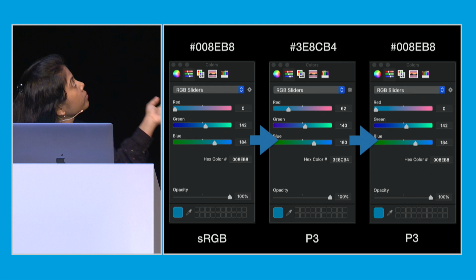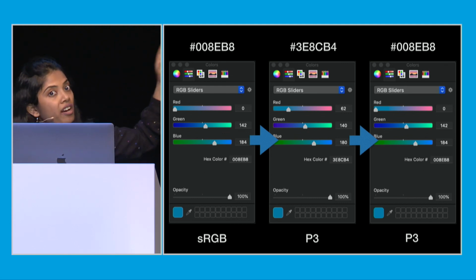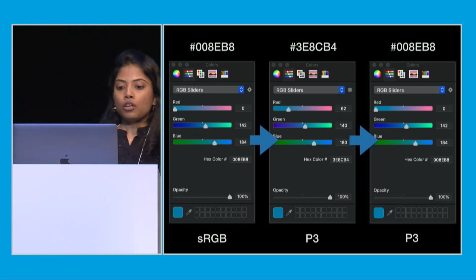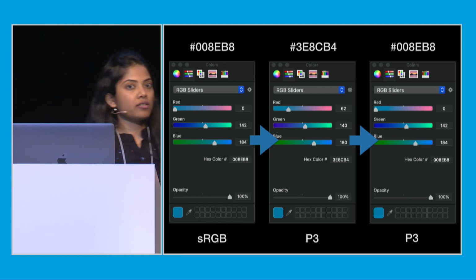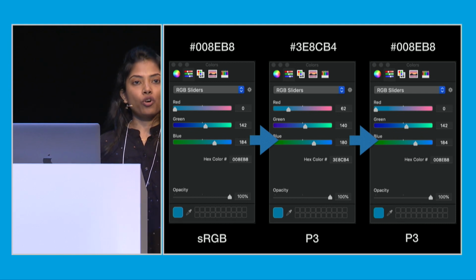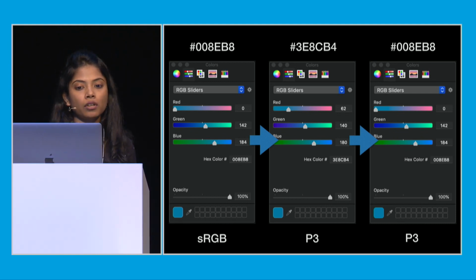So essentially, I have to do my first step again. I have to re-enter my RGB values to get the right color. So now this is obviously not a desired user experience, so always choose your color space before entering in your color values. Okay, moving on.